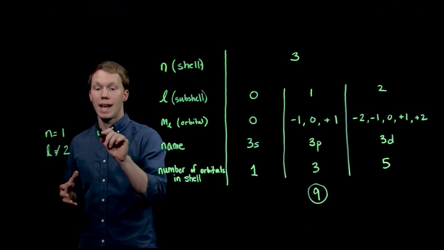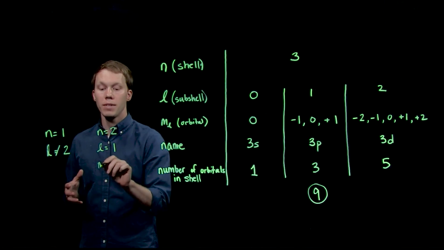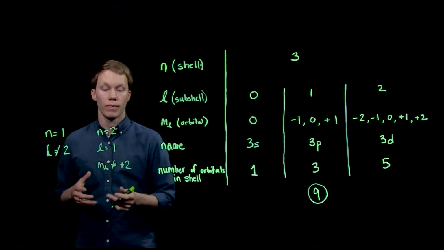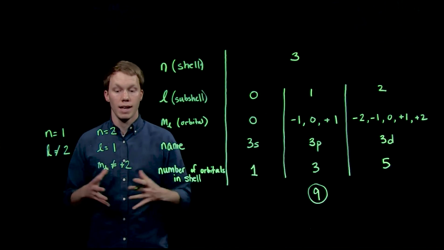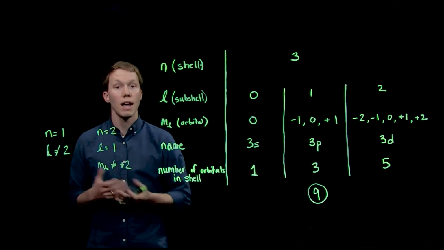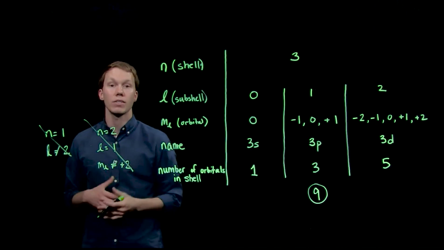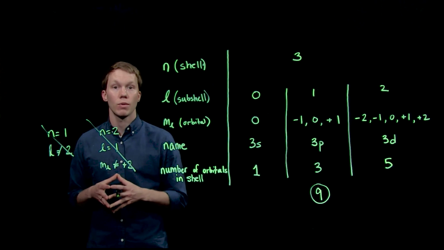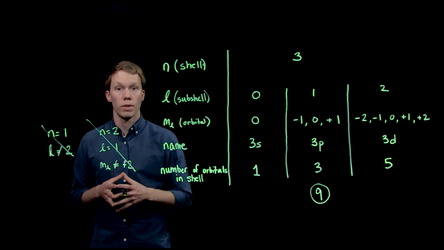Likewise, when n equals 2 and L equals 1, m sub L could not equal plus 2, because again, m sub L ranges from minus L to plus L, including 0. This does not fall within that range. So these are not valid sets of quantum numbers. Keep the rules in mind as you're working on problems and assigning these values to different orbitals and electrons.